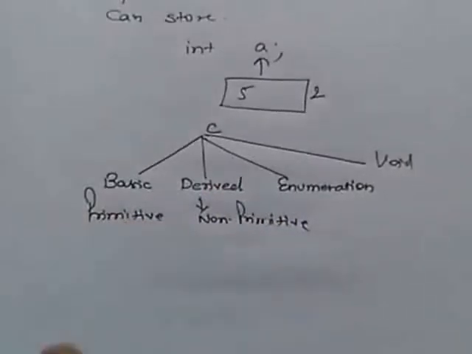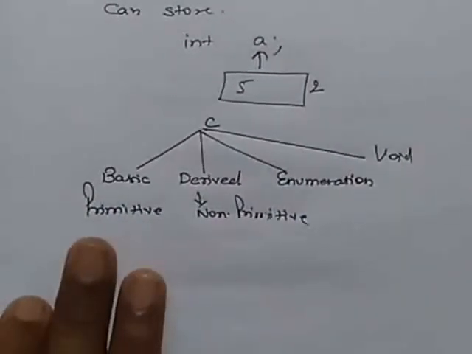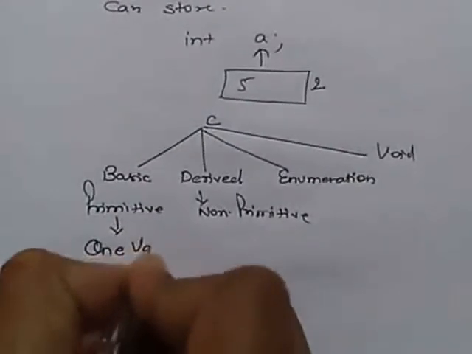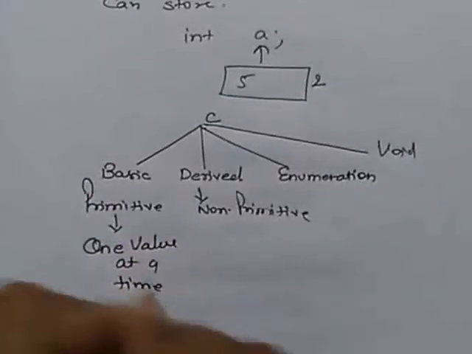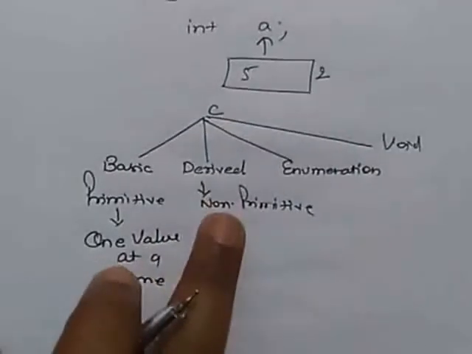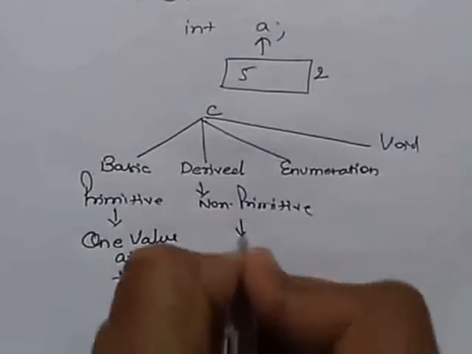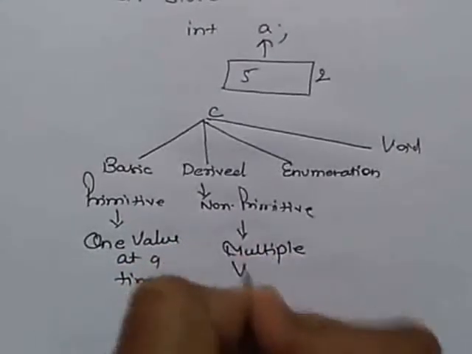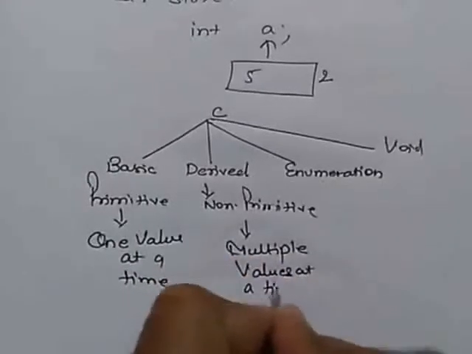Now, primitive data types are the data types that can hold one value at a time. But derived data types or non-primitive data types are those data types that can hold multiple values at a time.